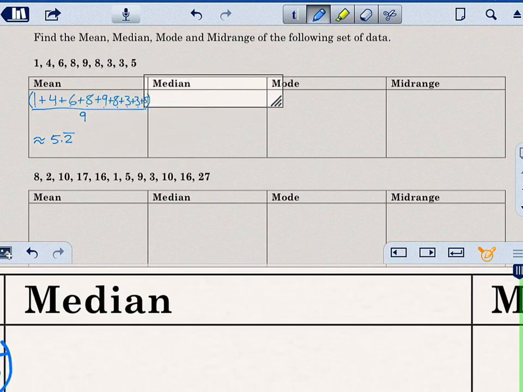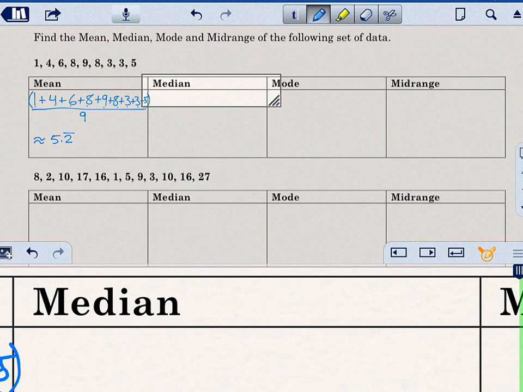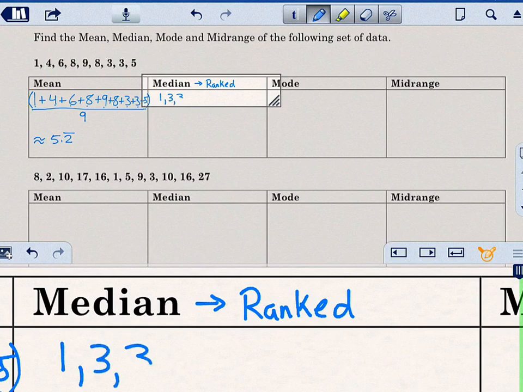Next, let's take a look at the median. Now for median, remember, we're looking for the middle of ranked data. So we need to put this data in order. So the smallest number here is 1. Then we have a 3 and another 3.